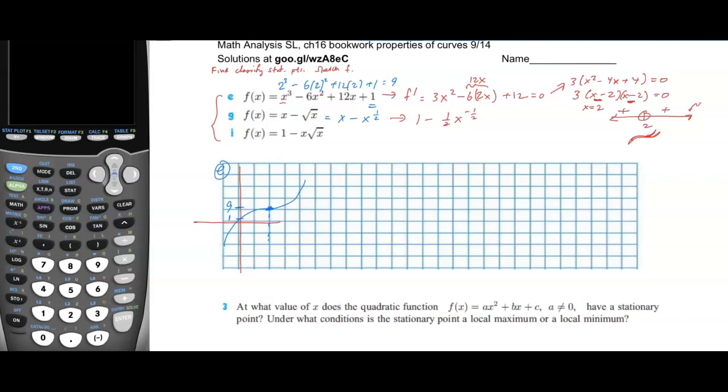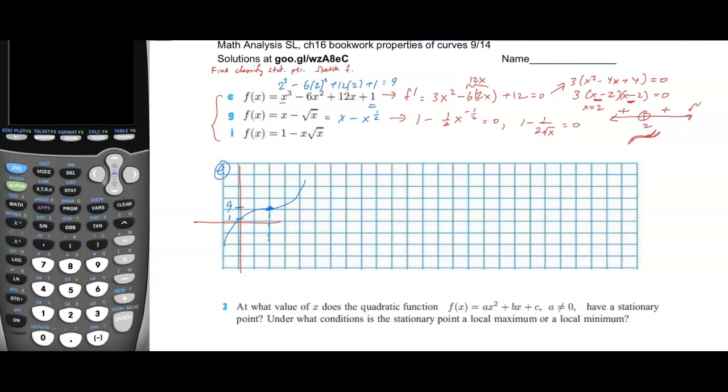And then if we want to know where our stationary points are, we set it equal to 0, and then we solve for x. So I'm going to rewrite it using the radical sign. So 1 minus 1 over 2 square root of x equals 0.